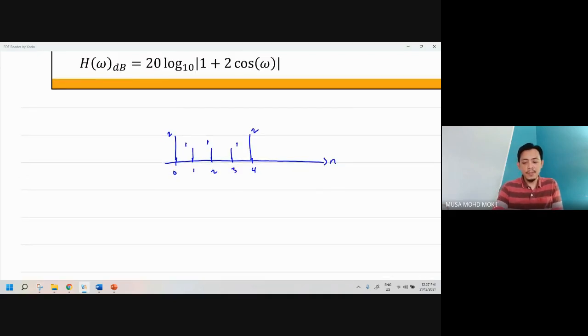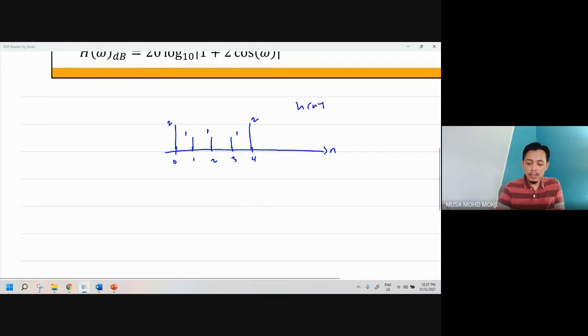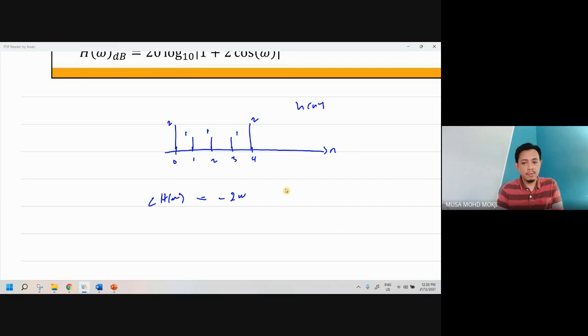Let's say this is our h[n]. Straightforward, you can say that the phase is equal to minus 2 omega. You don't have to do any calculation. Because how do we know this?